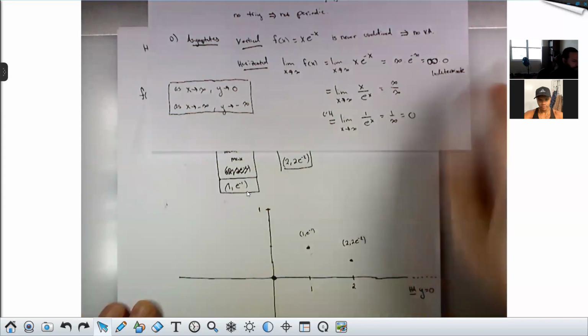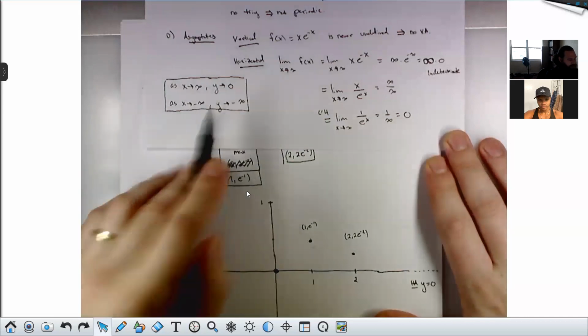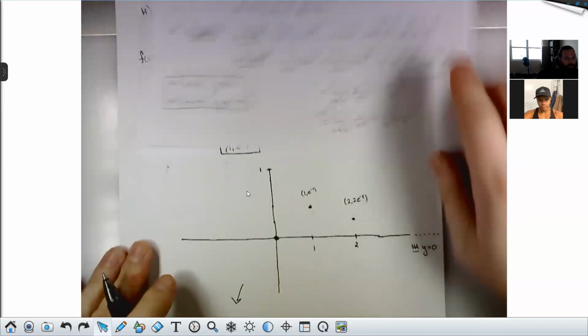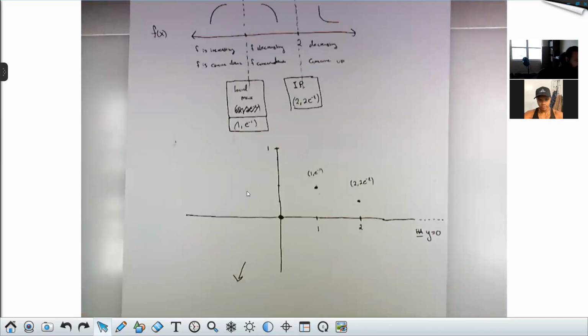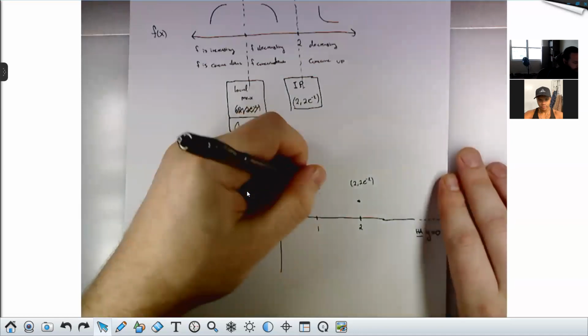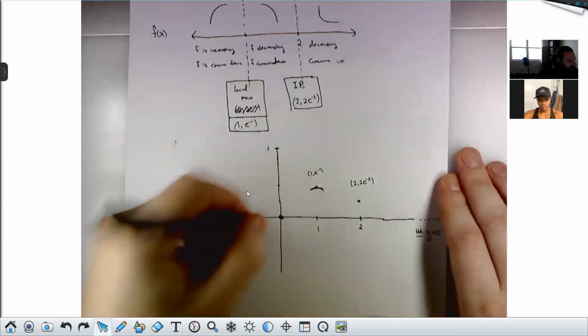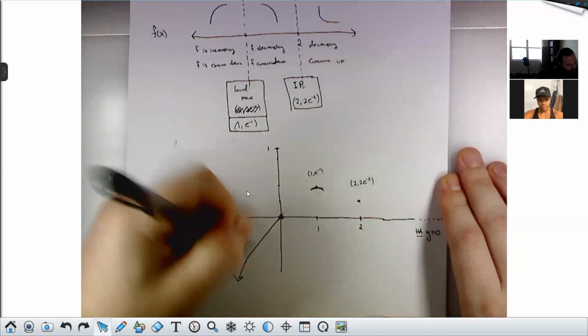And I know that as x runs off to the left, as x goes to negative infinity, y goes to negative infinity also. So I know that my function is going to go down on the left. And these things are enough for me to know what's going on. I go from increasing to decreasing here. Means I have to come through here like this. So here's our graph.